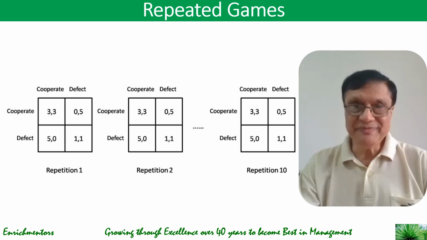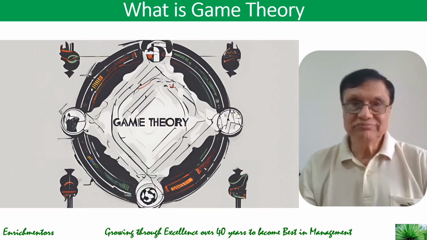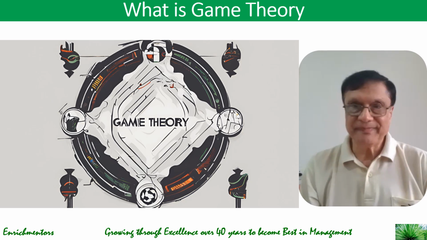Similarly, repeated games are situations where the game is played multiple times, as we were seeing in the mixed strategy, allowing for strategies that consider past actions, history, and future consequences or reputations. So, net, what is game theory? Game theory is applied to various fields.